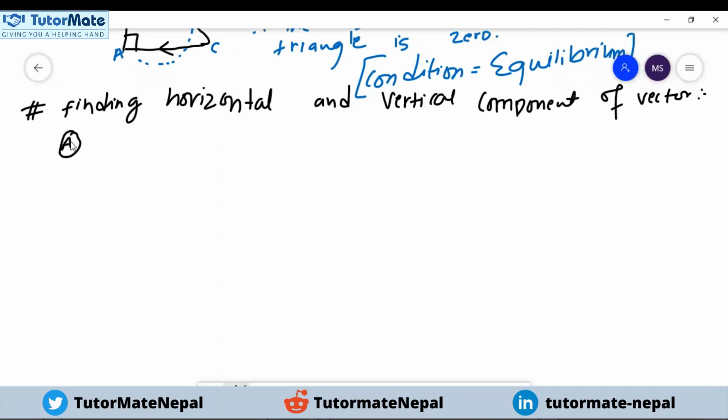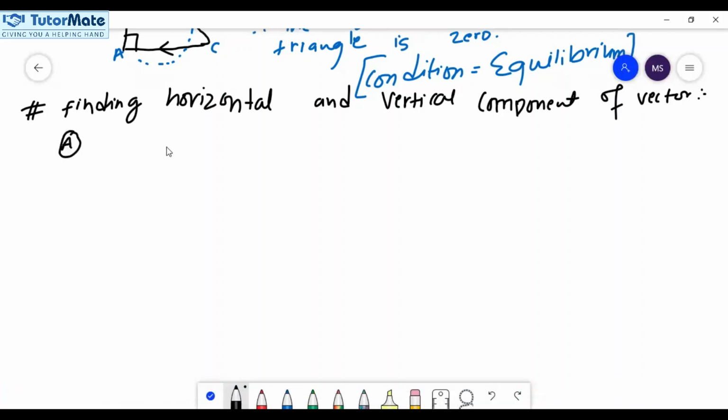There can be multiple cases while finding this horizontal and vertical component. First, let's understand what the horizontal and vertical components are in the first case.